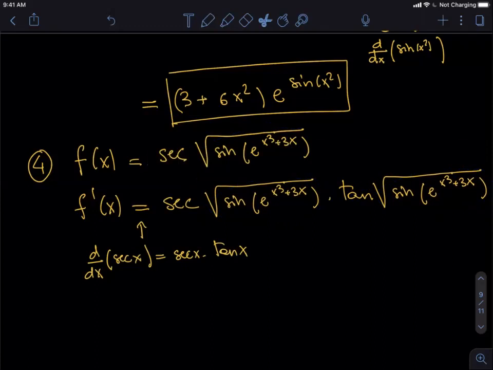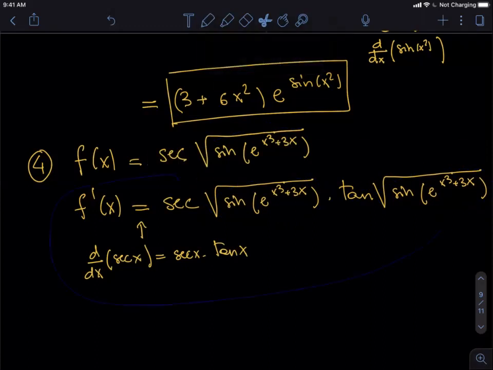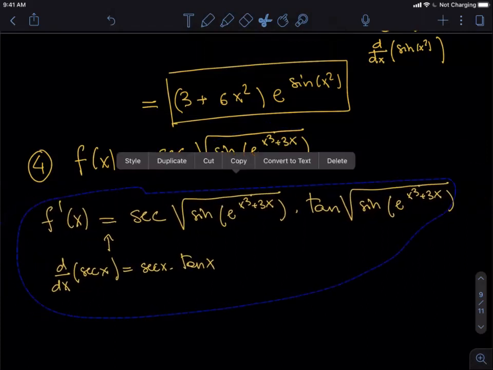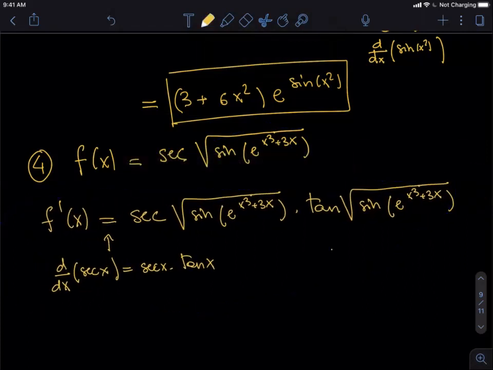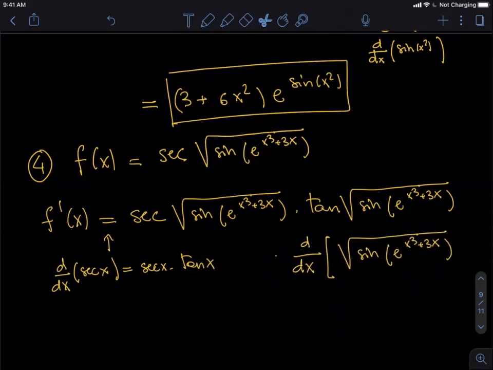okay, times the derivative with respect to x of that square root of the sine and so on. Okay, so it's kind of long.